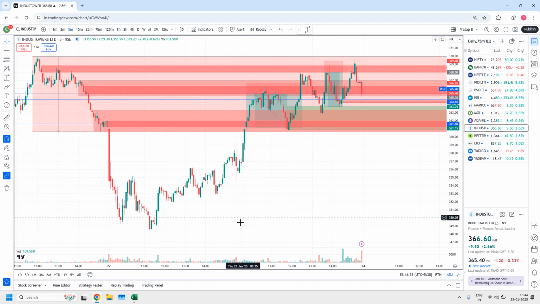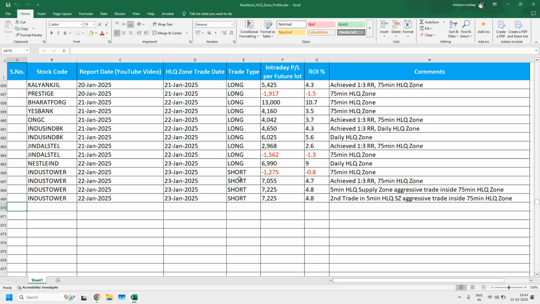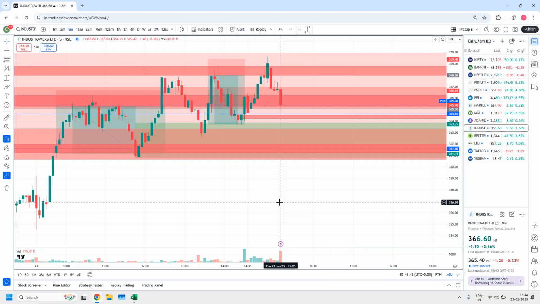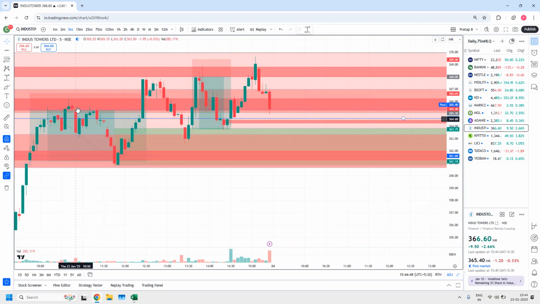And moreover, all these opportunities has given after you closed the Nestle trade. When you closed Nestle at around 10 o'clock, 55 minutes. And when you got this opportunity, actually price entered multiple times, 10:10, you would not have taken this. Again another opportunity it is given, 10:40, you would not have taken this.